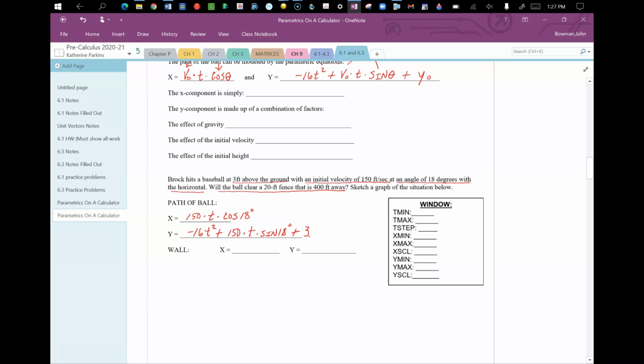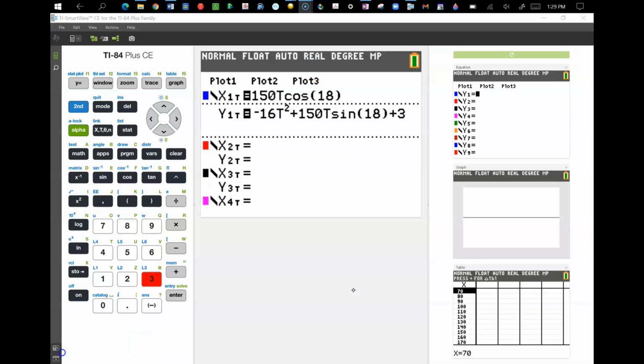Now we're going to plug those into our calculators and make sure we're in degree mode as well as parametric mode so that we can figure out whether or not the ball is a home run by clearing a fence that is 20 feet tall, 400 feet away from home plate.